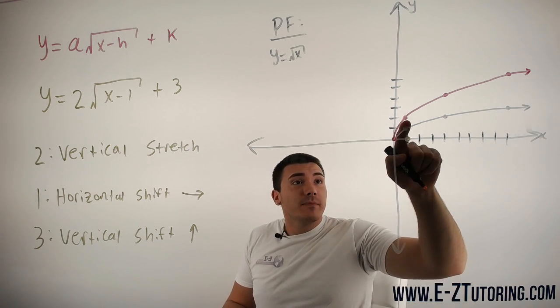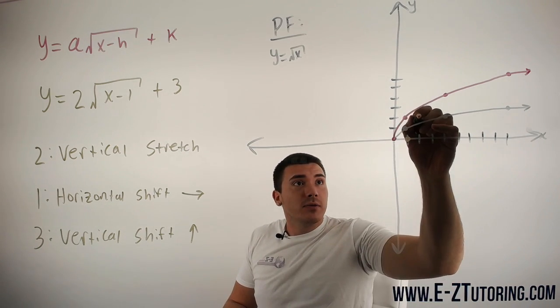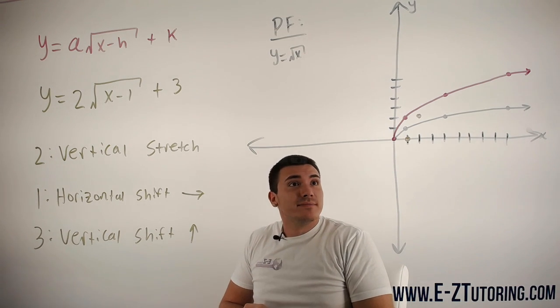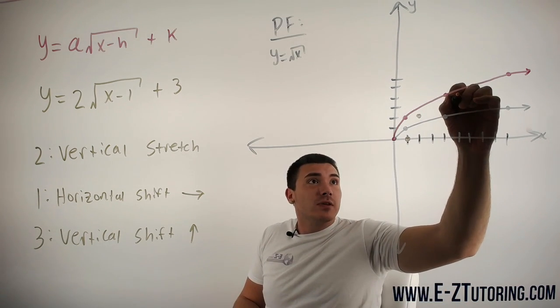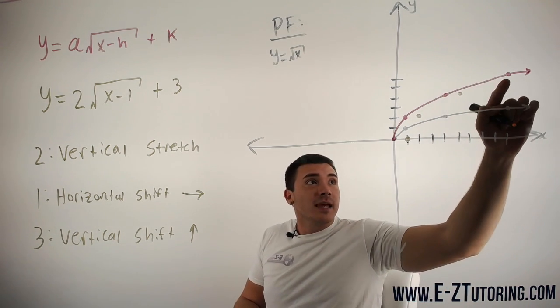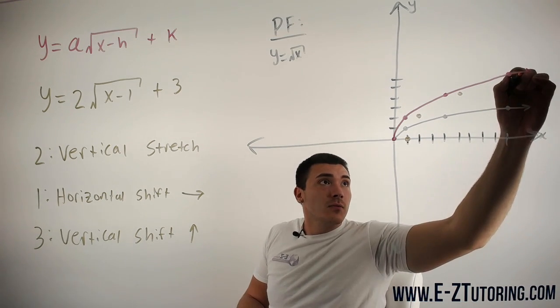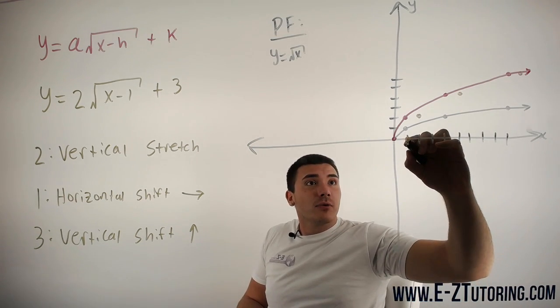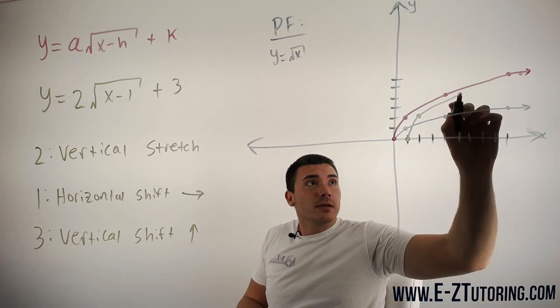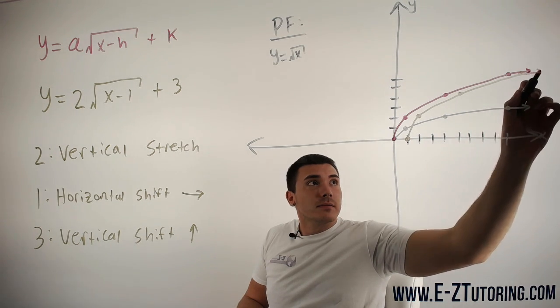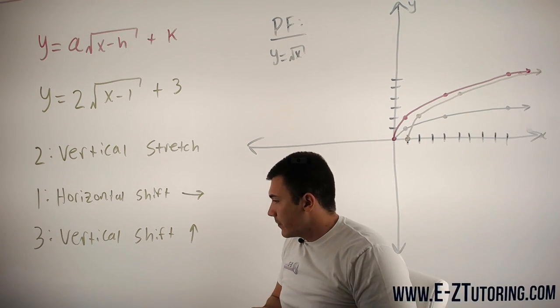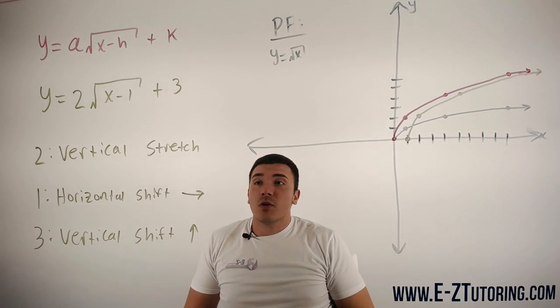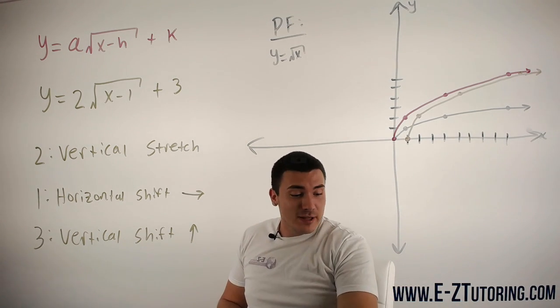We take this point, move it to the right 1 unit. That puts us there. Take this point, move it to the right 1 unit. Take this point, move it to the right 1 unit. And our new function looks like so. All right. So we've applied 2 out of 3 transformations so far.